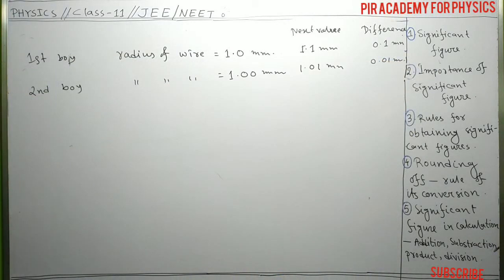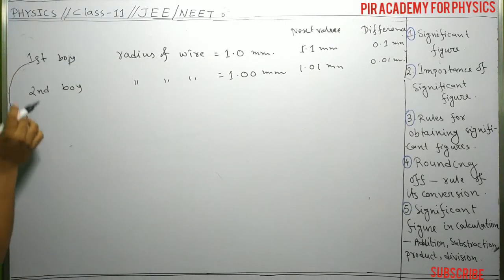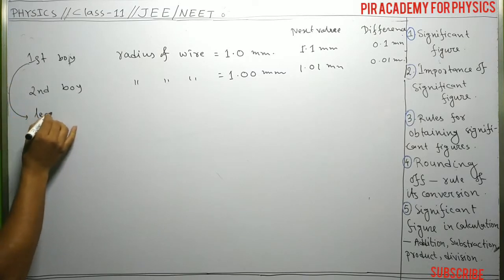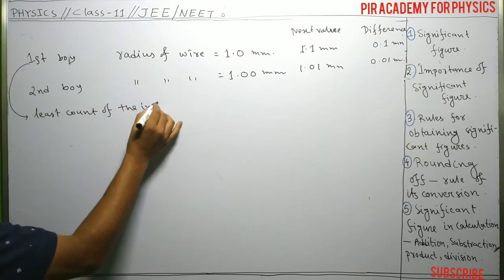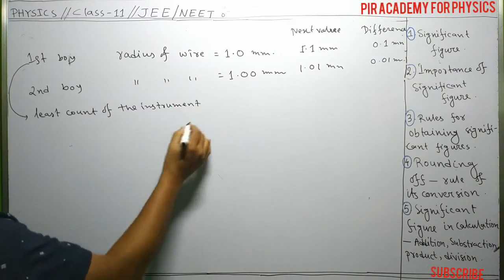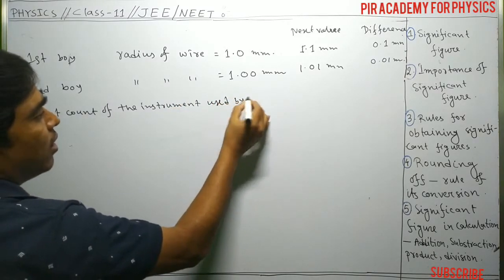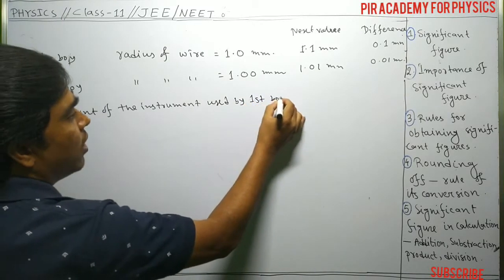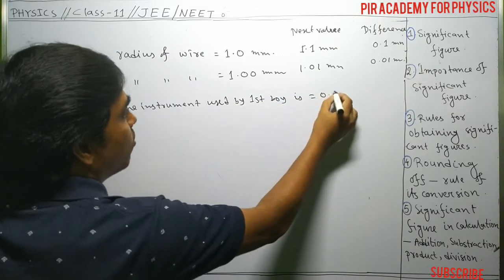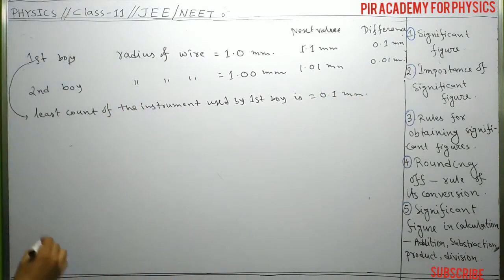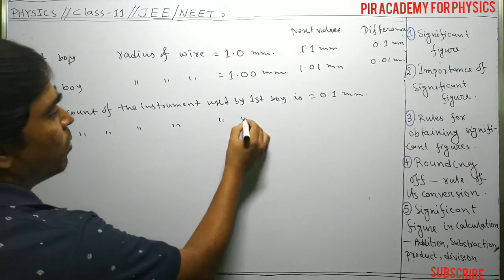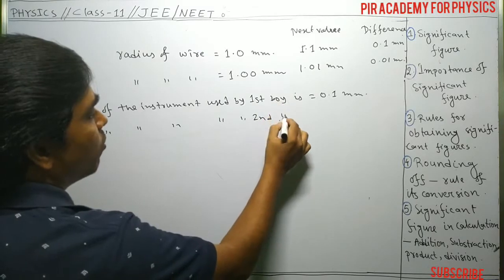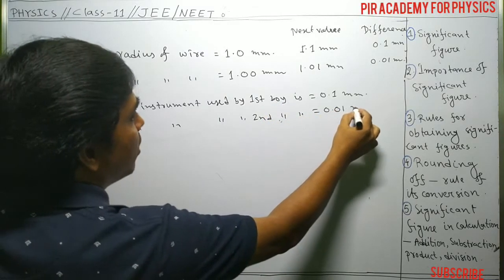That means the least count of the instrument used by the first boy is 0.1 millimeter, and the least count of the instrument used by the second boy is 0.01 millimeter.